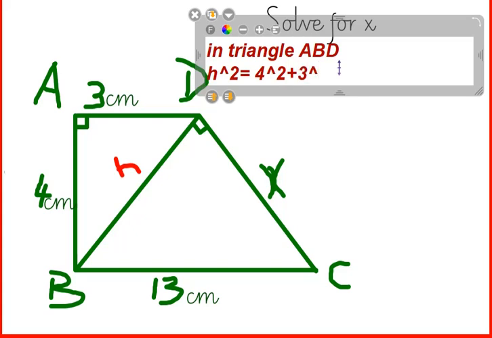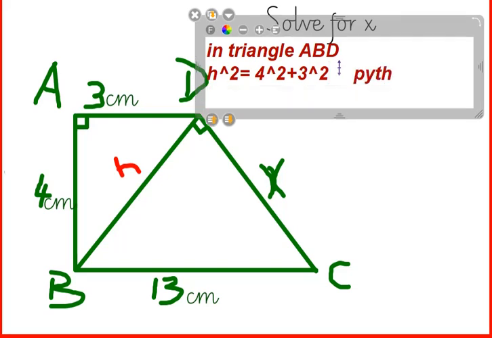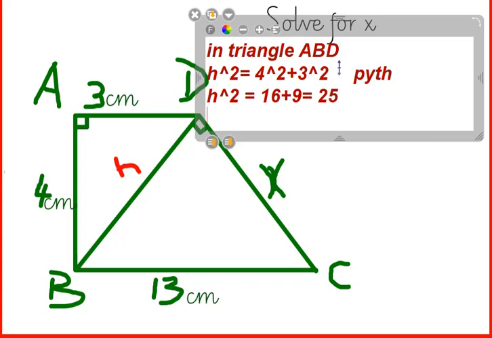And our reason, because you always have to have a reason, is Pythagoras theorem. H squared remains H squared because it's an unknown. 4 squared is 16, plus 3 squared is 9, so plus 9 equals 25. Then H is the square root of 25, and we get our answer to be 5. So our H is 5.